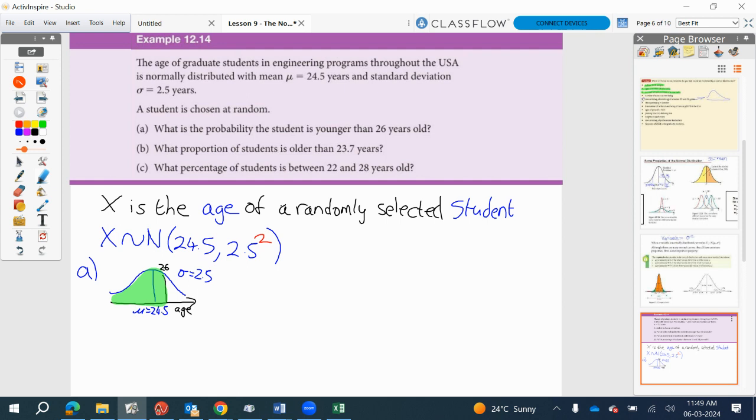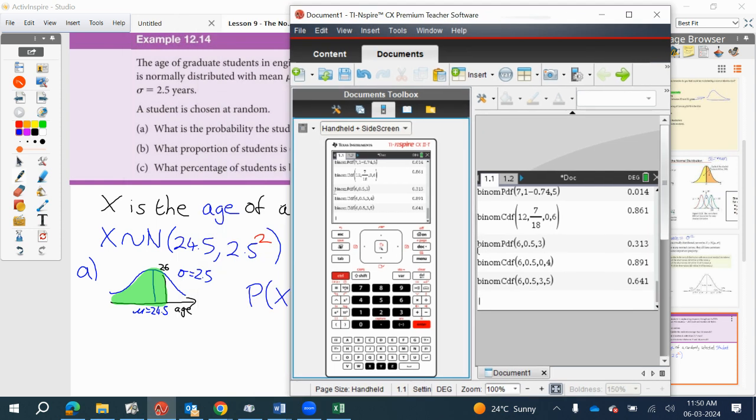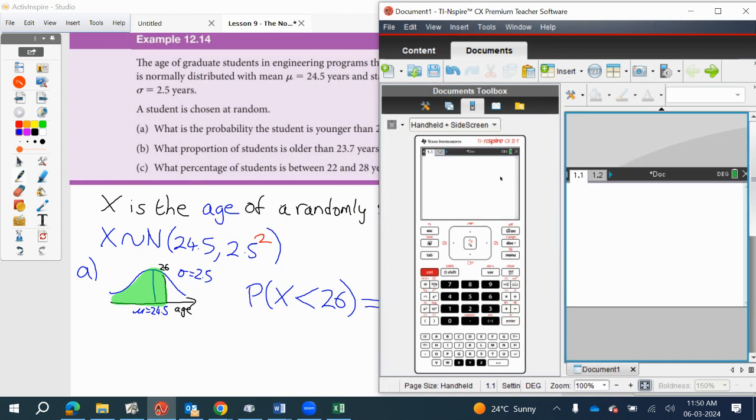Okay, so now we want the probability that x, the age of a randomly selected student, is less than 26. We do this on the calculator.